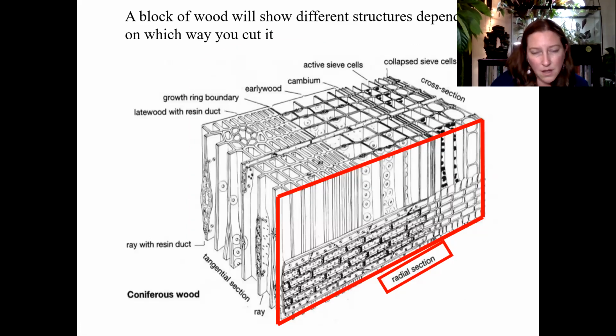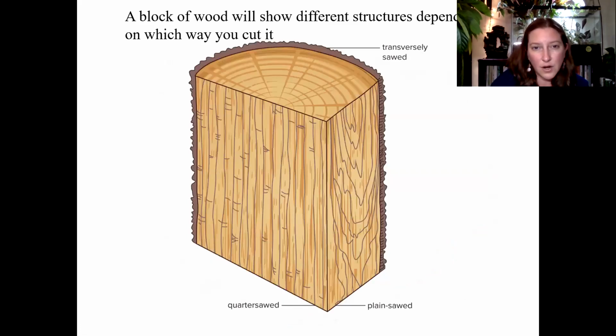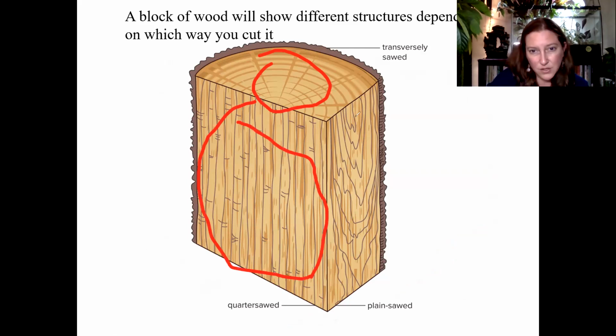Sorry, I'm just getting oriented. Radial, and yeah. So here is, just so you can see it on a real block of wood, your cross section. This is your tangential, and this is your radial one. Although for what it's worth, I don't see the wood rays so easily in this drawing.